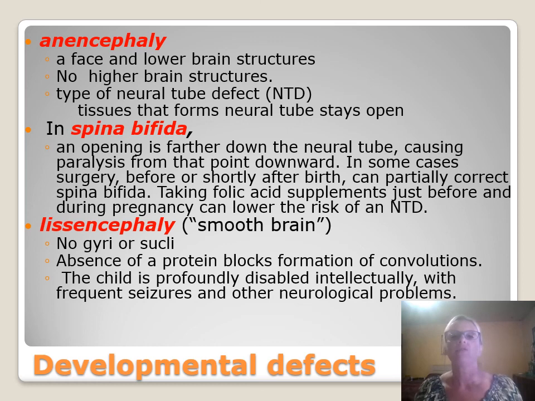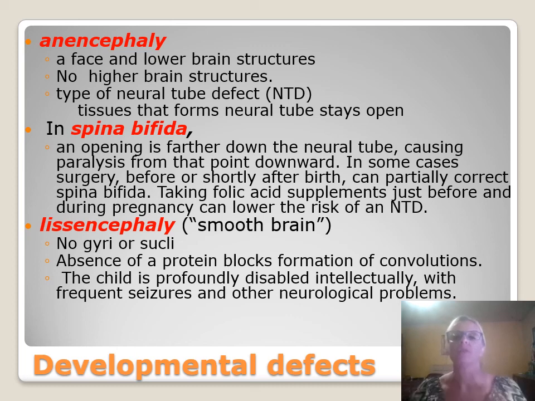And the last neural tube defect here is lissencephaly, and that means smooth brain, and this is where there's actually a smooth cerebral cortex. There are no gyri or sulci, and the gyri or sulci are the infoldings of the brain, okay, where they're sunk in and where they're kind of convoluted around. And so they don't have any of those.